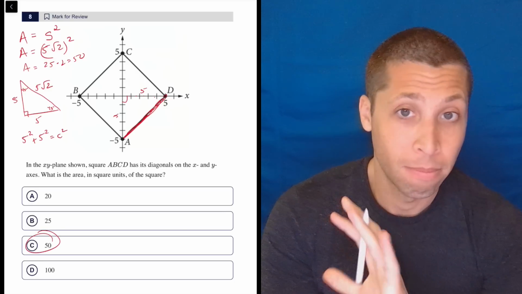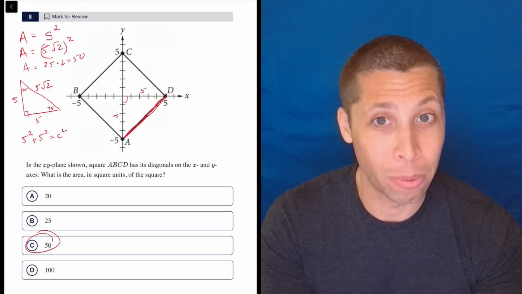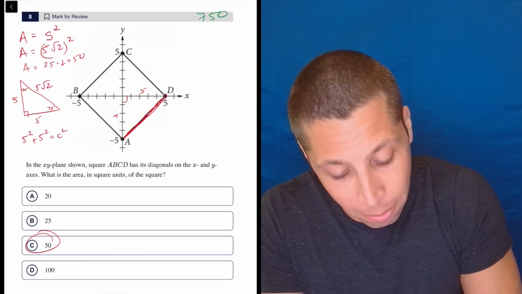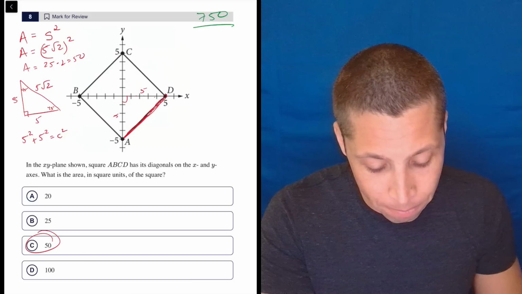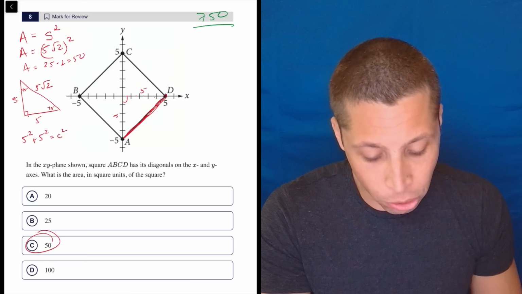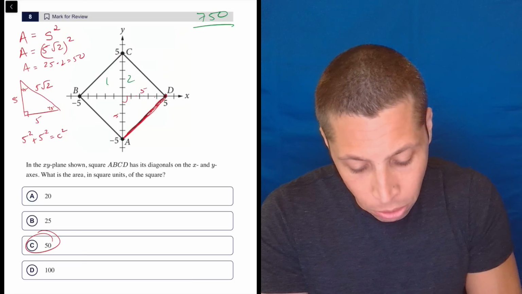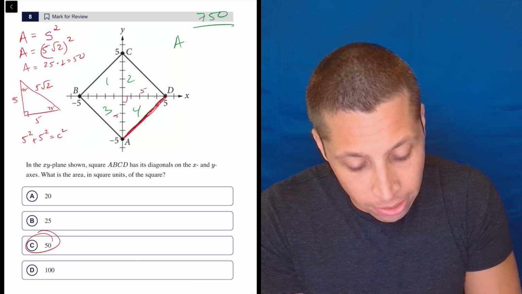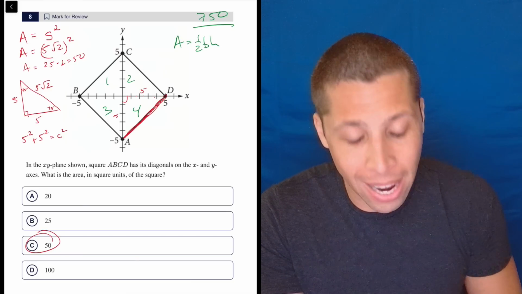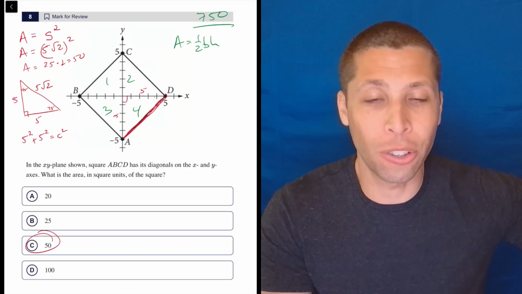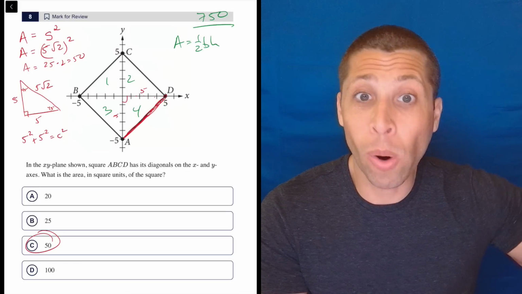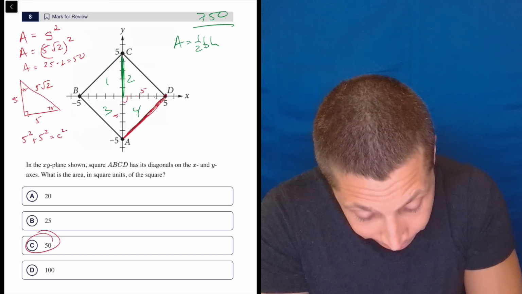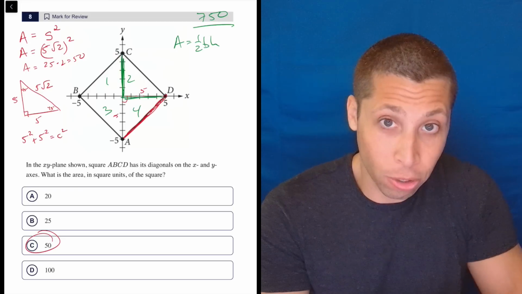Now, to be clear, that is not the 750 level way of doing this. The 750 level is going to say, here's the galaxy brain way of doing it: this isn't a square, it's 1, 2, 3, 4 triangles. And a triangle's area is 1/2 base times height, and the best triangle to find the area of is a right triangle where I know the legs. We have them, right? It's the same triangle I drew on the left.